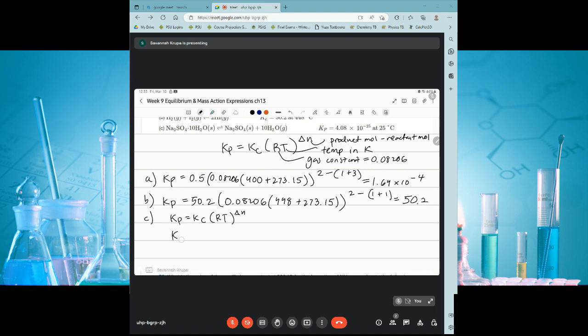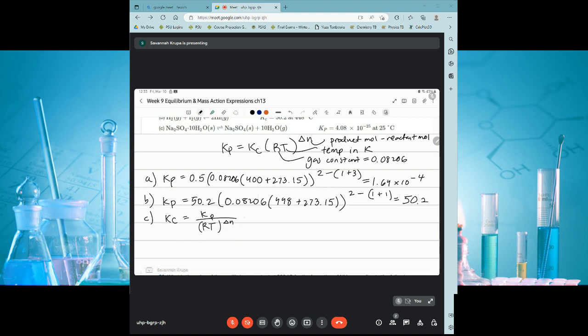So if we divide by RT, we can isolate Kc. So we will get Kc equals Kp divided by RT raised to the power of delta n. And so now that is going to be our equation that we will be working with to find Kc.